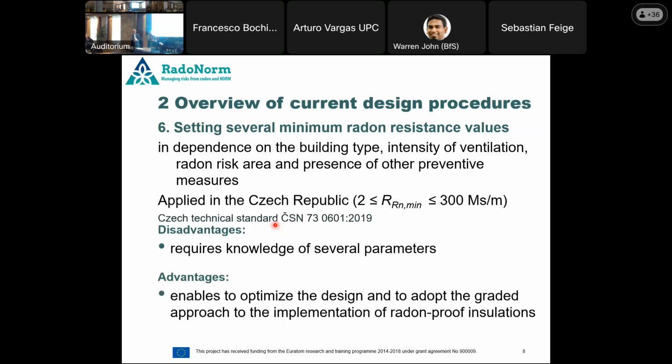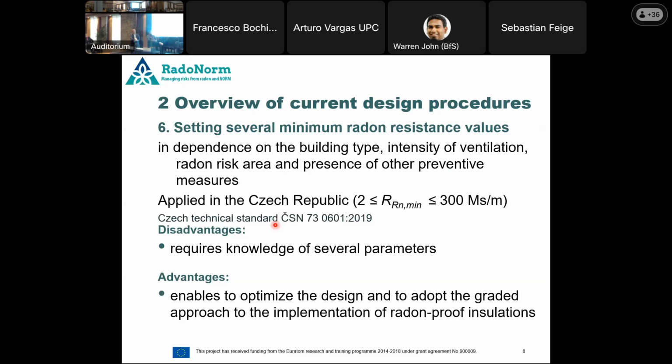And the last approach is the approach that we use in our country, in the Czech Republic. It's in fact similar to the Scandinavian approach, but instead of one minimum radon resistance value, we have several minimum radon resistance values. As you can see here, they may vary from 2 megaseconds per meter to 300 megaseconds per meter.